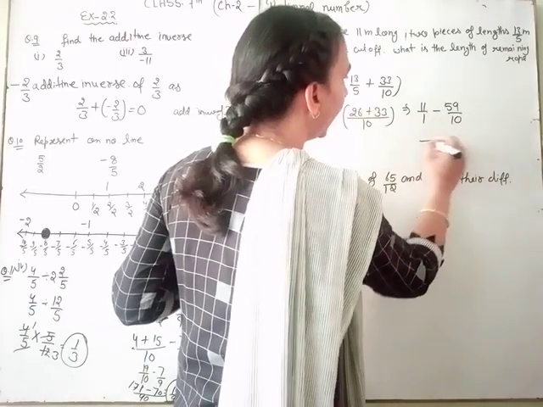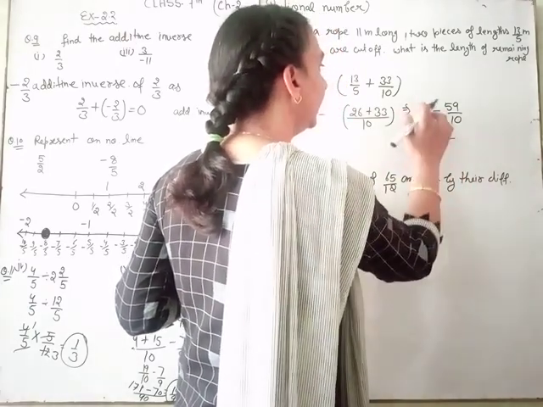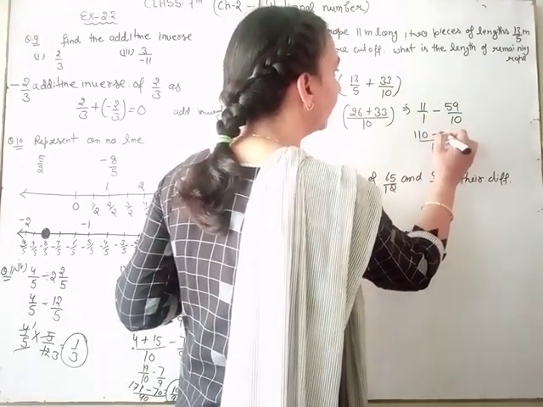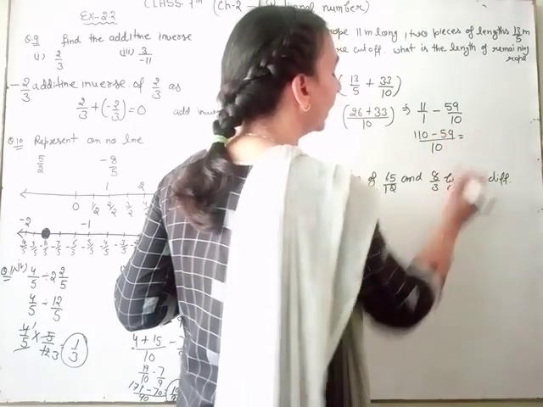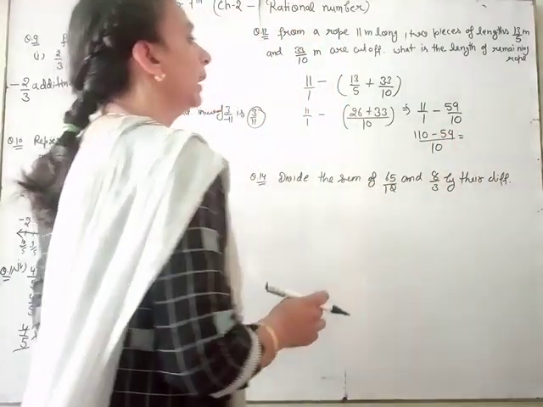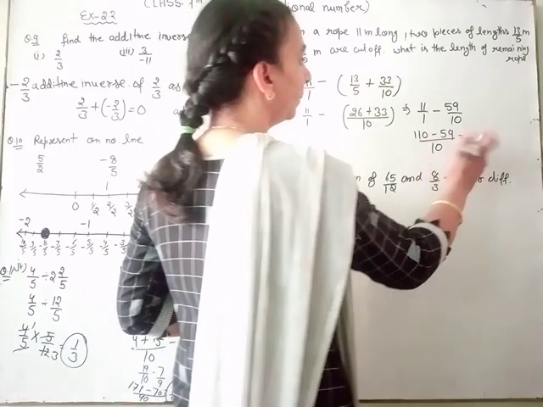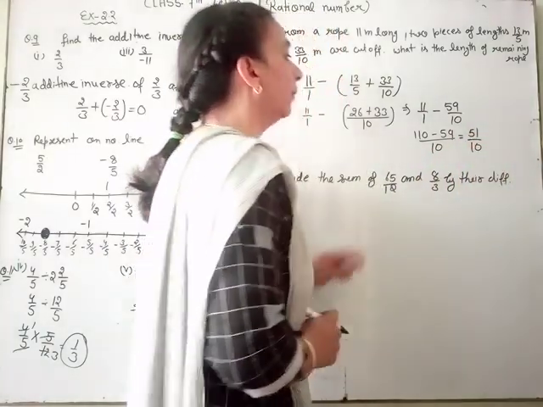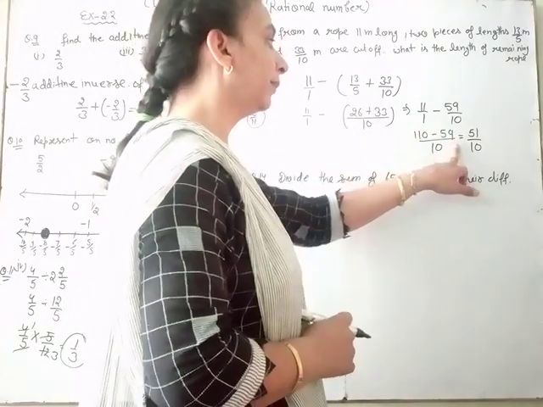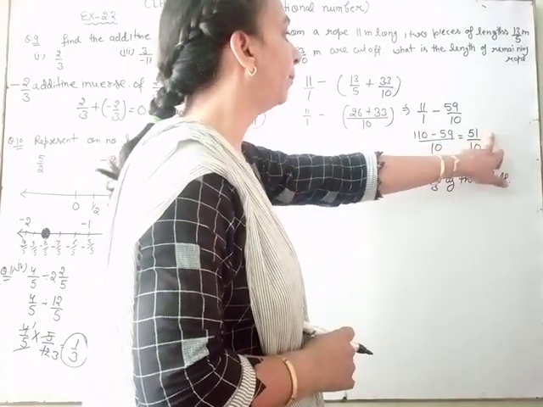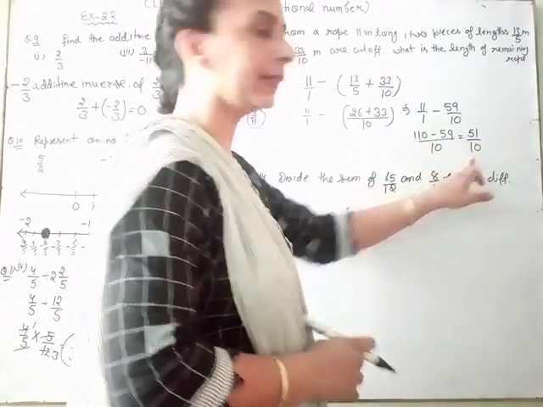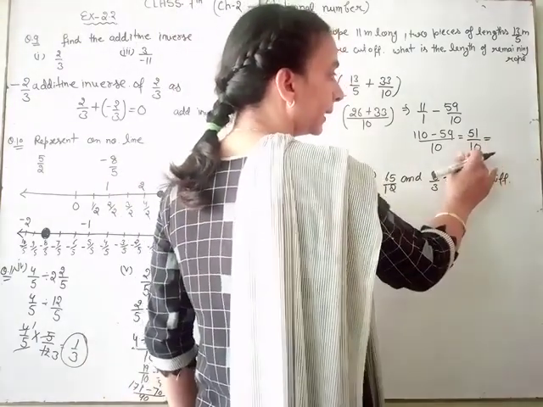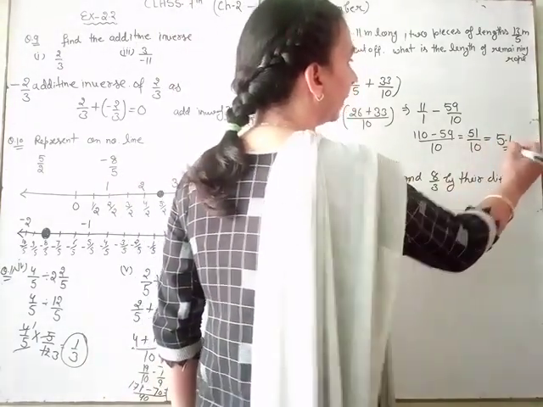Then we take LCM 10, 10 times 11 is 110 minus 59. Okay. This equals 51/10. 110 minus 59 is 51/10, and this equals, dividing by 10, we write this 5.1. Okay.